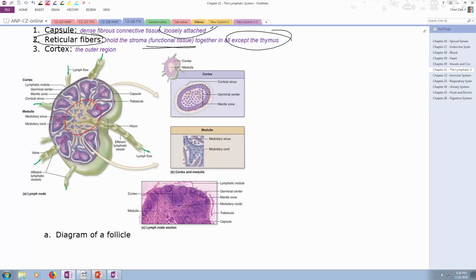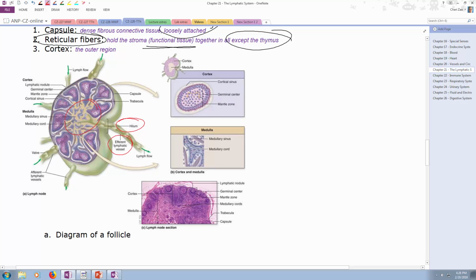area where everything comes together for the final vessel to leave, and the vessel to leave is going to be emerging from an area of the lymph node. In your mind, your lymph node should be shaped a bit like a bean. That's called the hilum, or hilus if we're talking about more than one, and the vessel leaving it is an efferent lymphatic vessel.